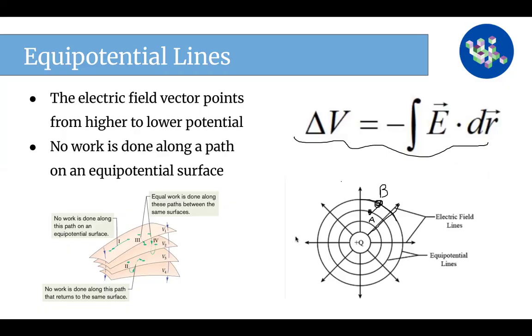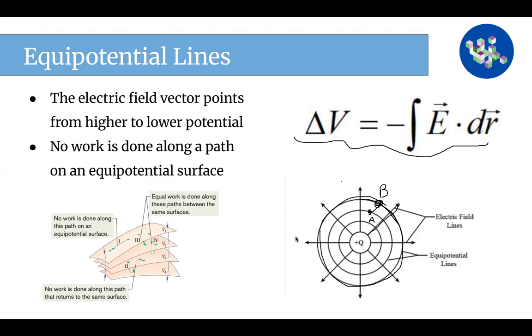Another important concept about this is that no work is done along a path on an equipotential surface. First of all, an equipotential surface, as you might guess, is a surface where the potential is the same at all points. So in this 2D case, we have equipotential lines. At these lines, the voltage along this circle is always the same.